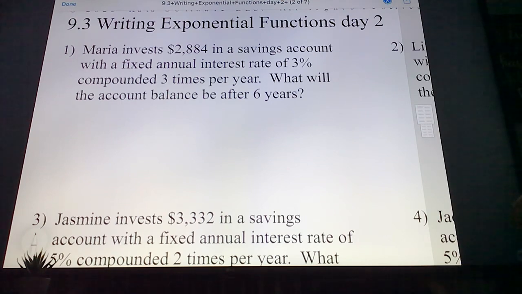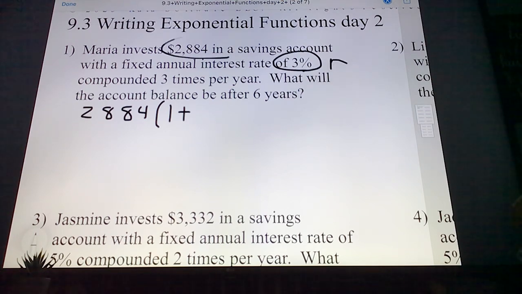So our P is going to be 2884, parenthesis, 1 plus our R, which is our rate, 0.03, over our N, which is 3, because it's compounded 3 times every year.